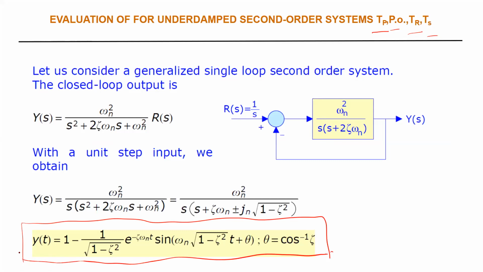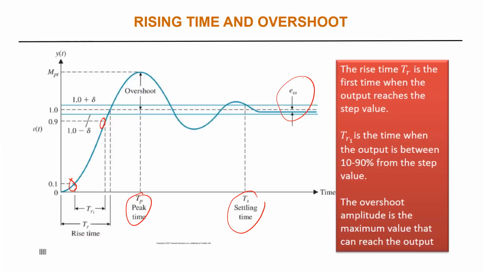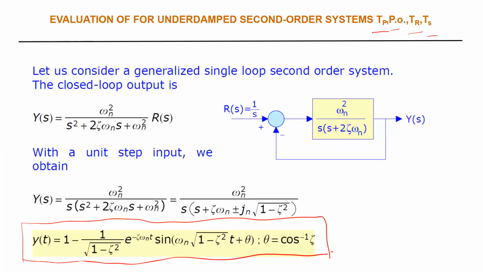Okay? Now, first of all, let me start by finding the maximum overshoot or the peak time. How do I find the maximum overshoot? What do I do?